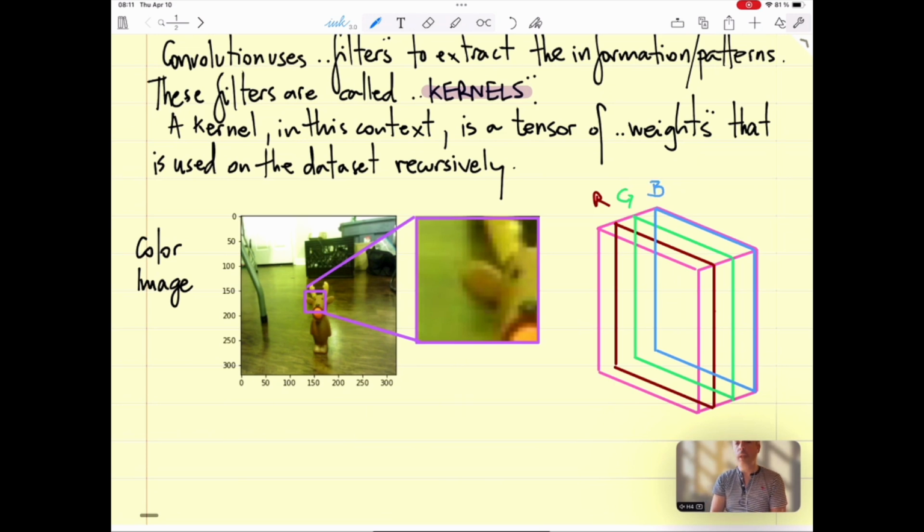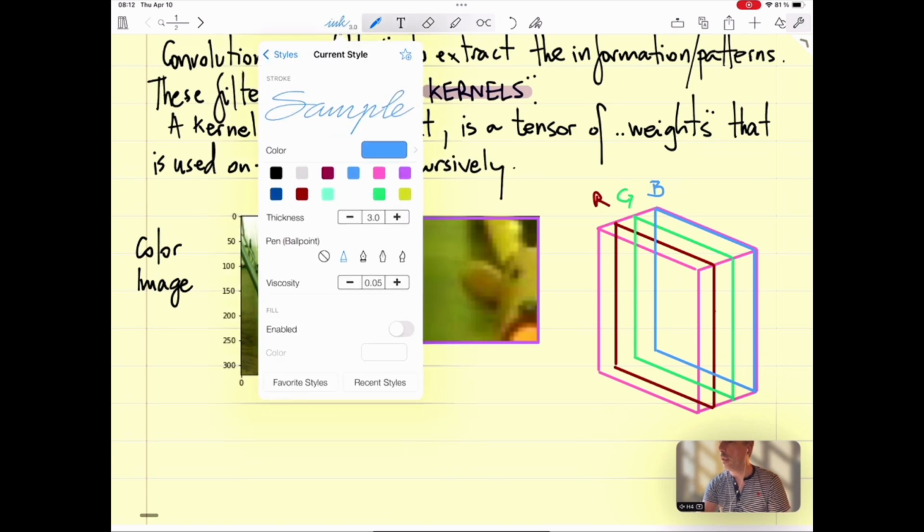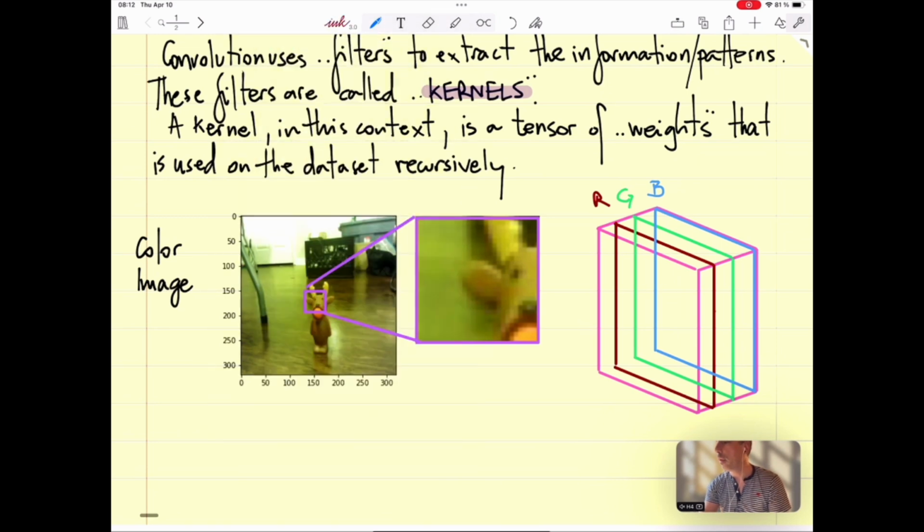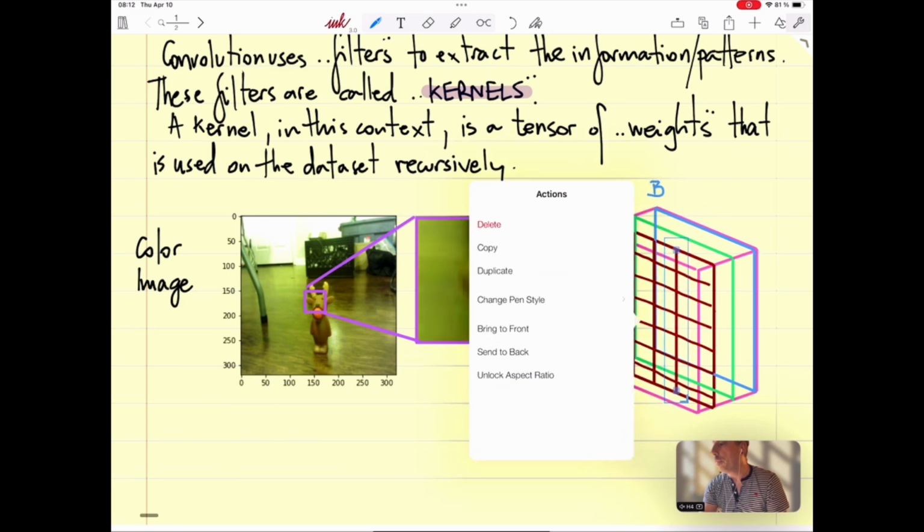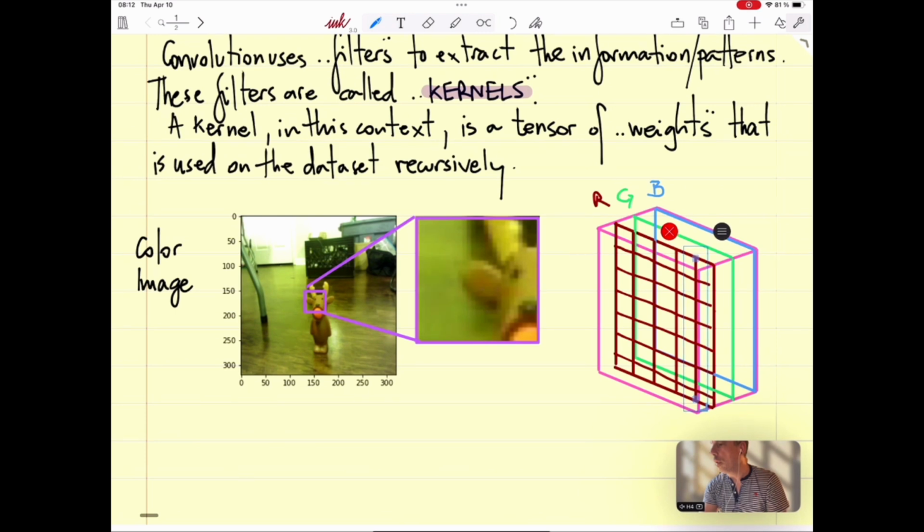Each one of these channels has the pixels superimposed. So we have here a little matrix of red pixels, and the blues and the greens are the same.